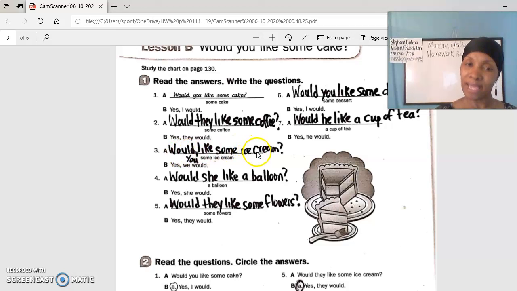Would they like some ice cream? Oh my gosh, I'm having trouble reading what I'm looking at. Wow, okay, let me try 3 again. Would you like some ice cream? Yes, we would. Number 4, would she like a balloon?